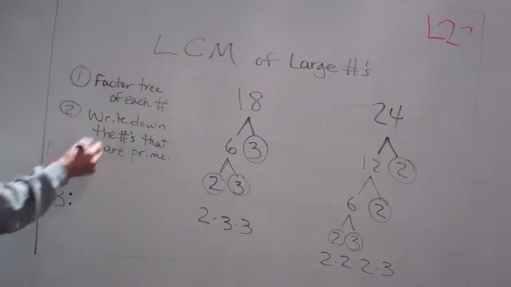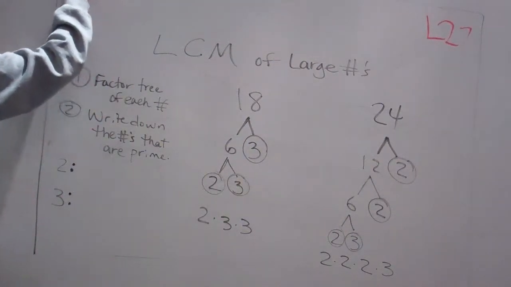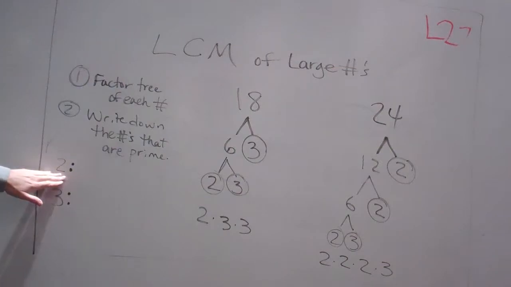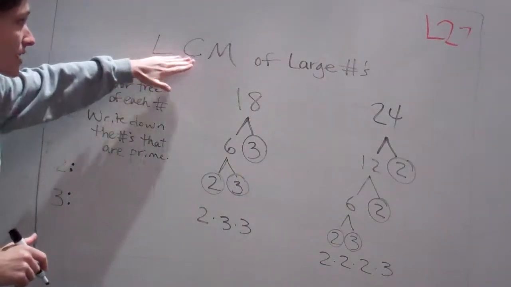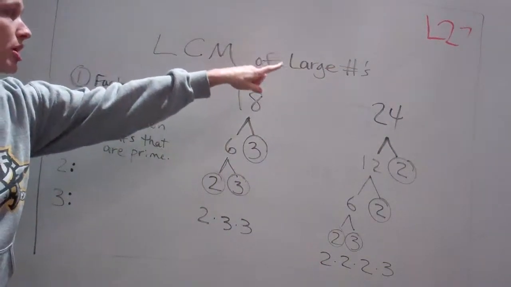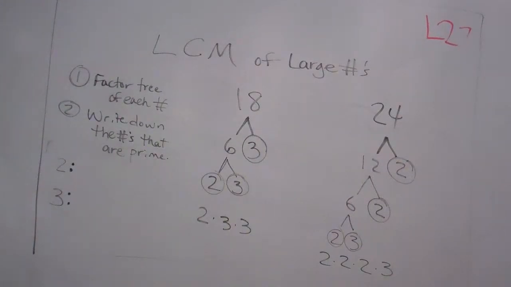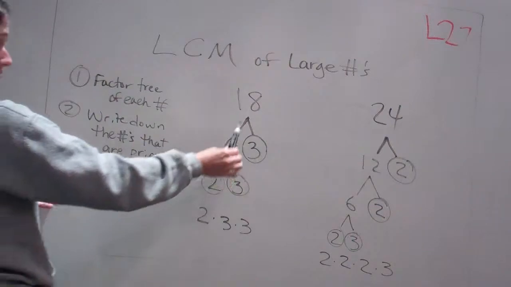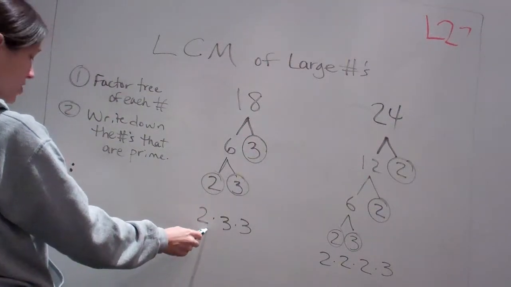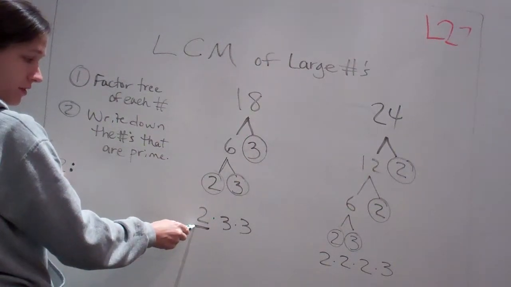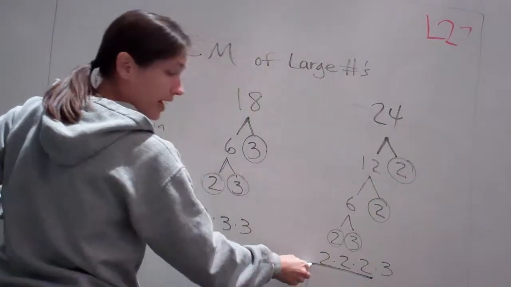These don't have any answers or anything in them. Step number 3, which I'm going to put up here because I don't have room. When we're finding the least common multiple of large numbers, you're going to choose by looking at this one. How many 2s does this one have? 1. How many 2s does this one have? 3.